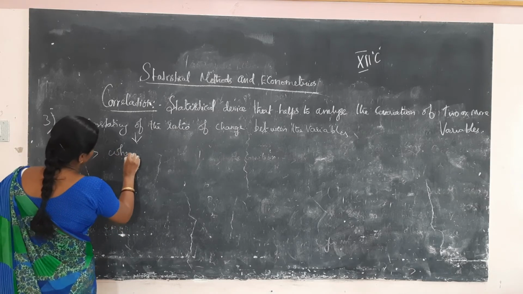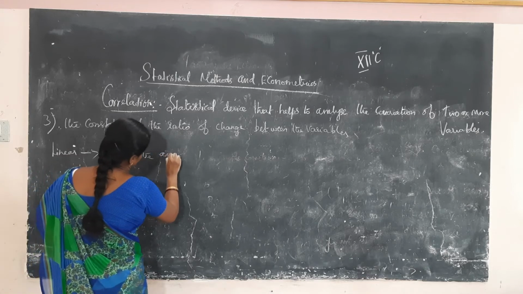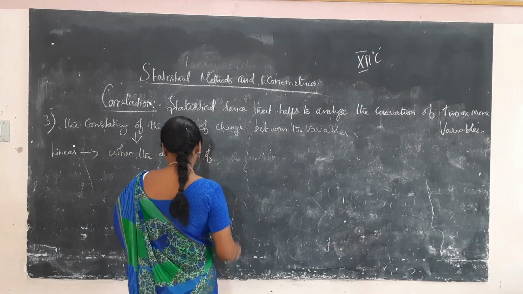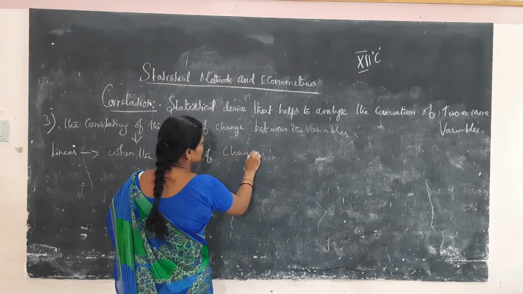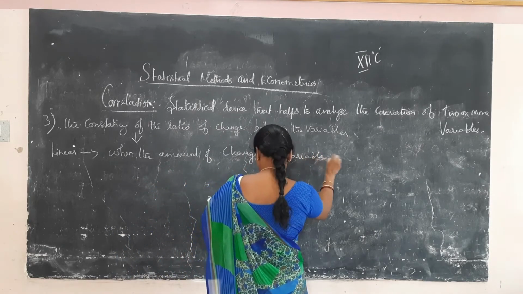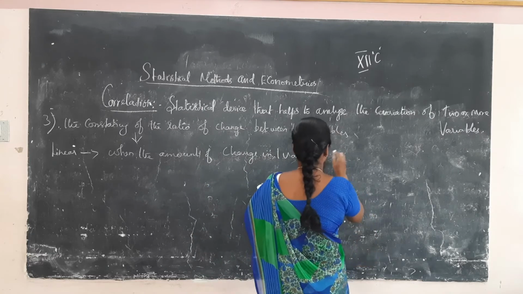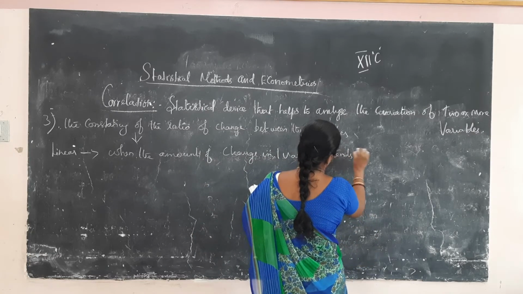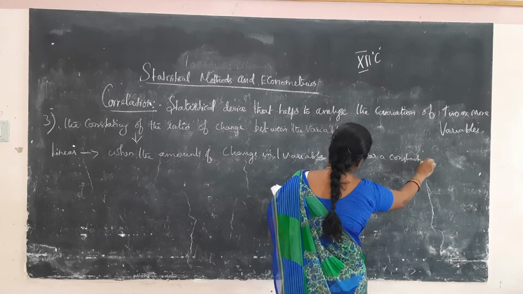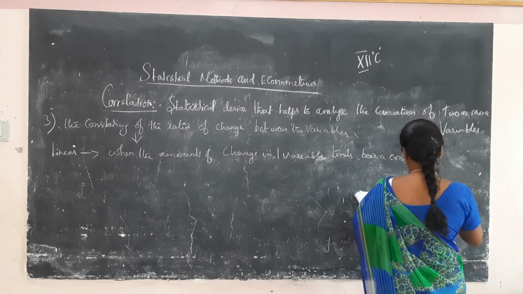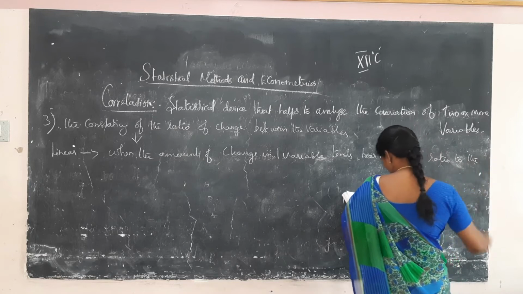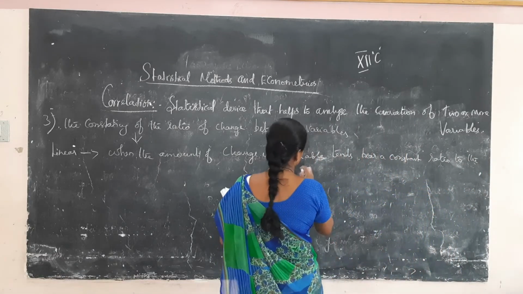When the amount of change in one variable tends to bear a constant ratio to the amount of change in the other.